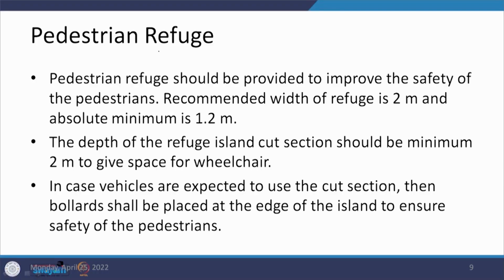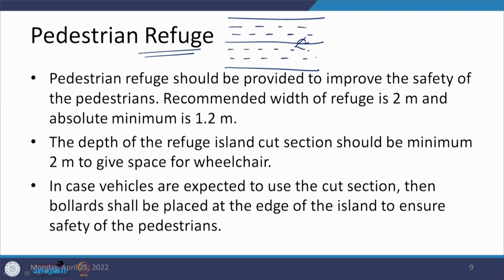Now, when pedestrians are crossing in this manner, as we have seen in the previous photograph, and they have landed on an island in between where the traffic has been moving all around, there may be a requirement that the pedestrians who are coming there need to take a refuge. Means what? That you have a wide road and say there is a center line and I have, say, 3 lanes on that side and 3 lanes on this side.